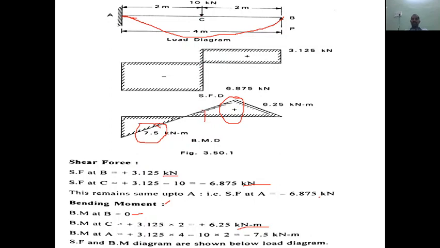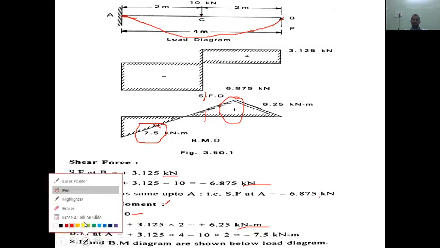Bending moment will always be maximum at a point where shear force changes its sign. Sorry, it was wrongly given, but exactly at this point, under this load, the bending moment will be maximum. I'll try to draw again.